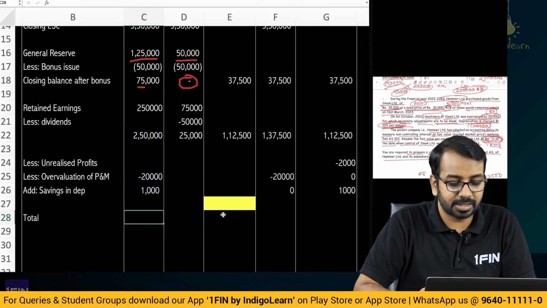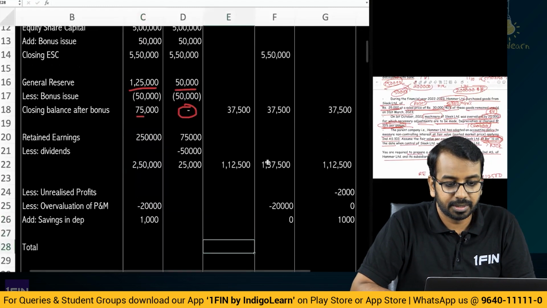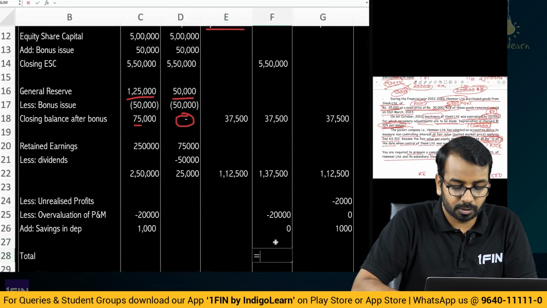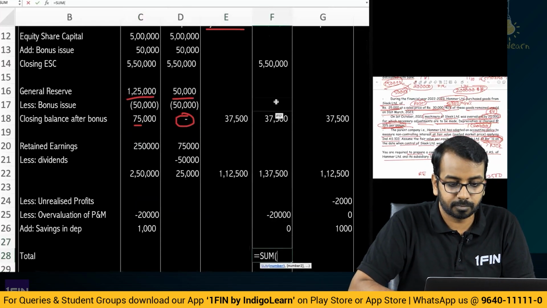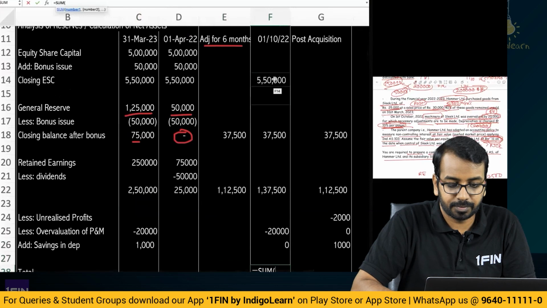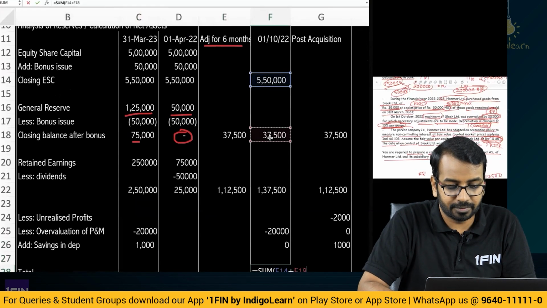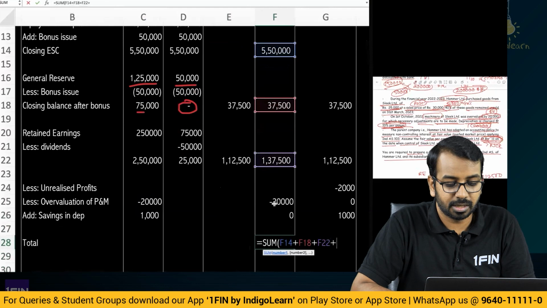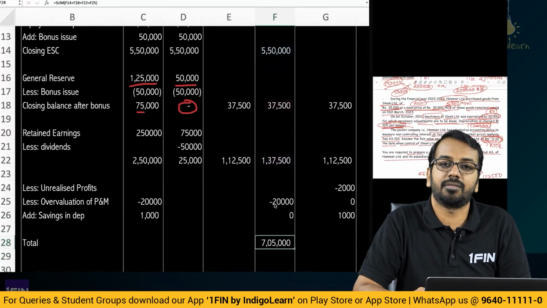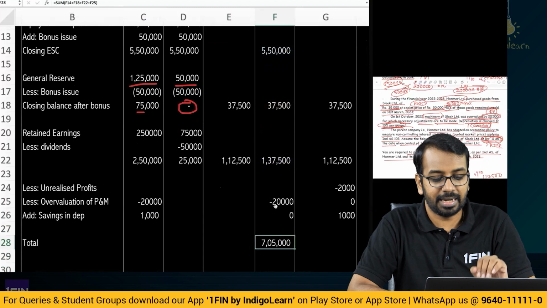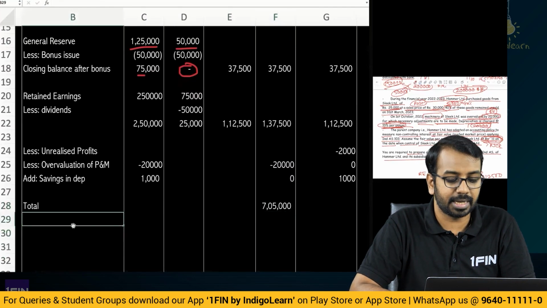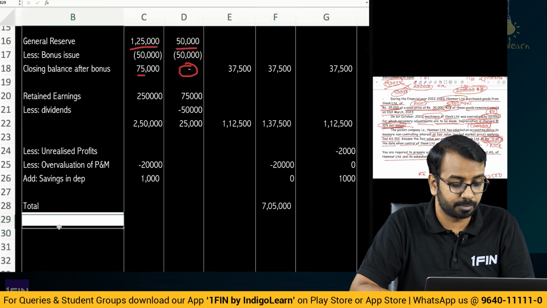So the total net assets on date of acquisition, that is on 1st of October of 22, works out to 5,50,000 share capital, 37,500 reserves, 137,500 retained earnings, minus 20,000 of fair value adjustment, 7,05,000. 7,05,000 identifiable net assets. Okay, that is on the date of acquisition.